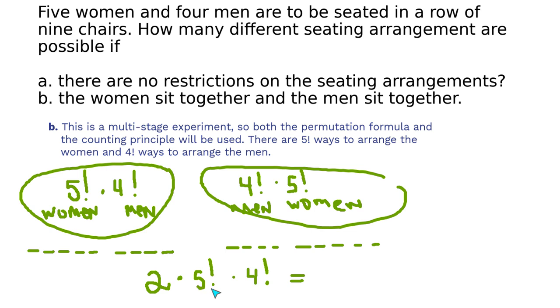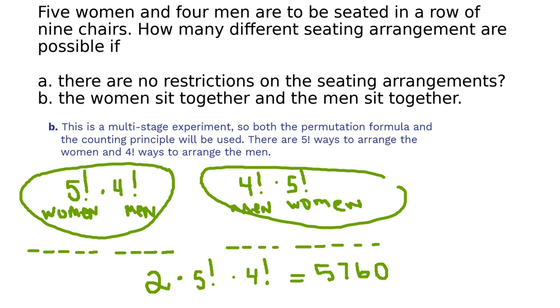And so this number comes out to 5,760. Okay, so that's how many ways the women can sit together and the men can sit together.